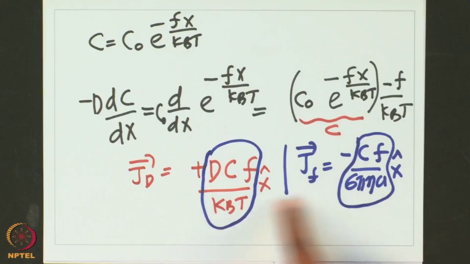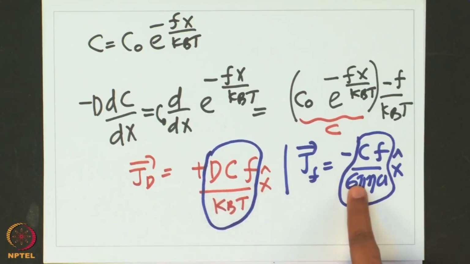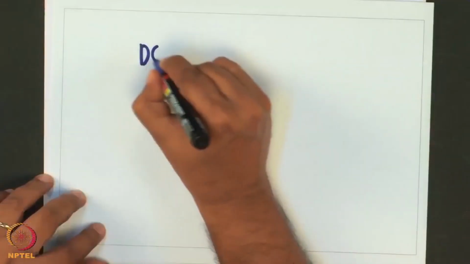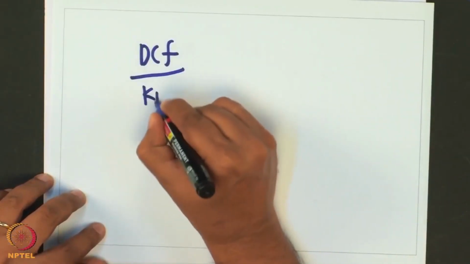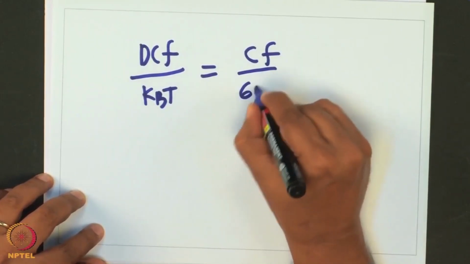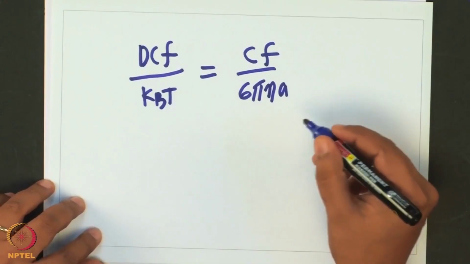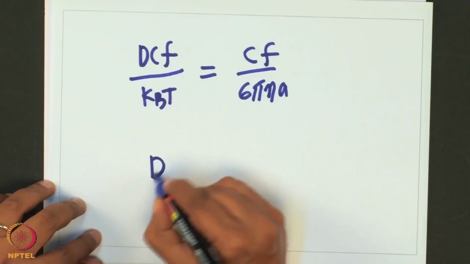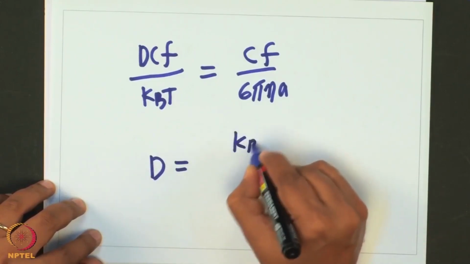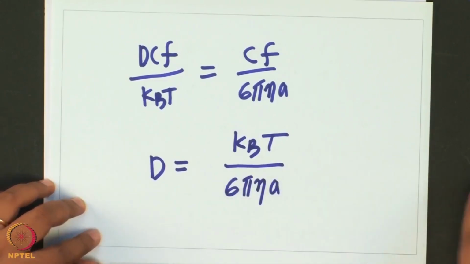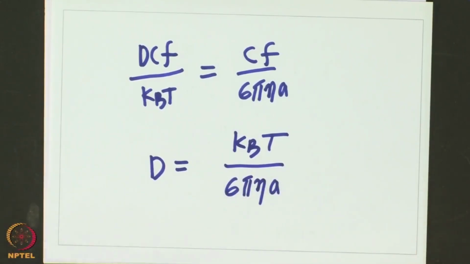So let us equate these two. What do I get? D C F by kBT is equal to C F by 6 pi eta A. So C and F would cancel, and this would tell me D is equal to kBT divided by 6 pi eta A. This is the famous Einstein relation.